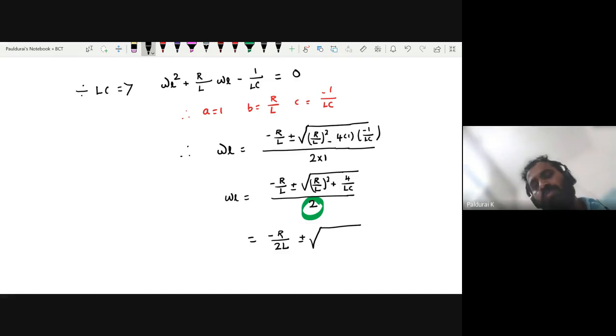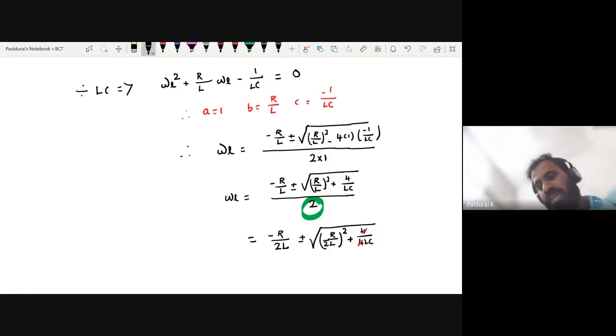Now you want to move this 1 by 2 inside the square root, it becomes actually 1 by 4. So can I write this as R by 2L the whole square plus 1 by 4, right? So 4 divided by 4 times LC. So here both 4 would get cancelled.